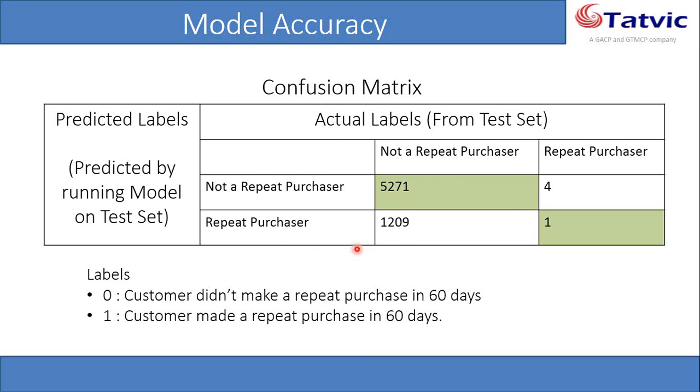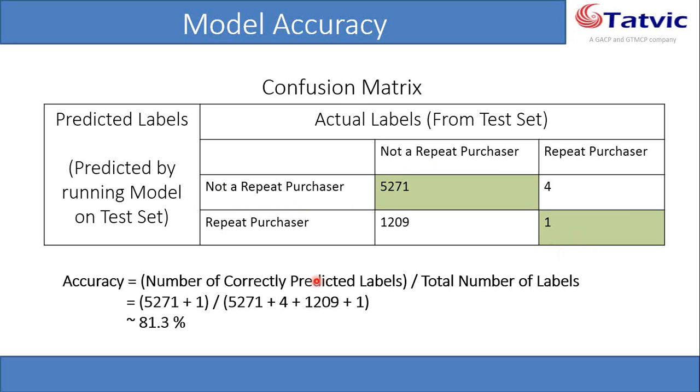Now, out of this grid of 2 versus 2, the interesting ones would be where our model agrees with the actual labels. So if you see here, in this case it is 5271, the model returned 0, and the actual labels were also 0. In this cell over here, the model returned 1, and the actual label was also 1.